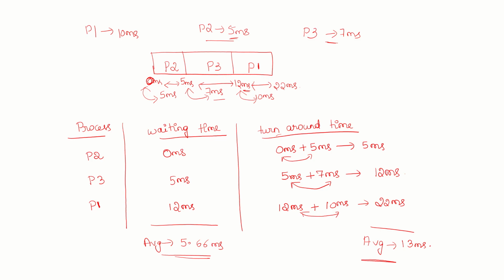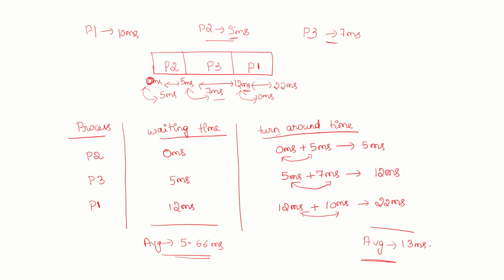Next, we will go for another kind of scheduling algorithm, that is priority based scheduling. Here, till here, what we are considering is their arrival time, whether it arrives first, arrives last. Like that, we have scheduled the processes for the execution.